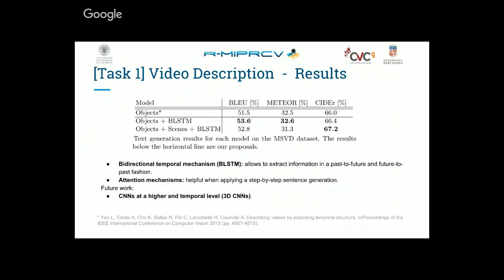And then when we add an additional set of features, which are in charge of describing the scene from the image, you can improve the measures. We consider that this could be important because a lot of the sentences describe where the action is taking place. And we can see that, for example, for the CIDEr measure, but for the rest, it's not so good as the previous proposal.